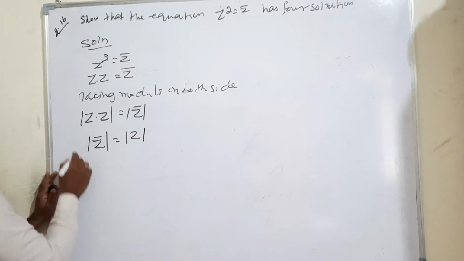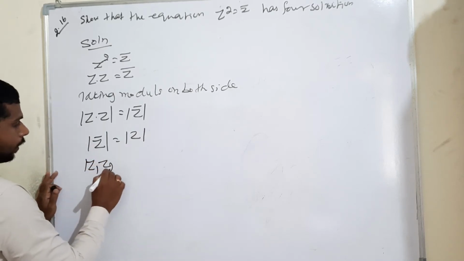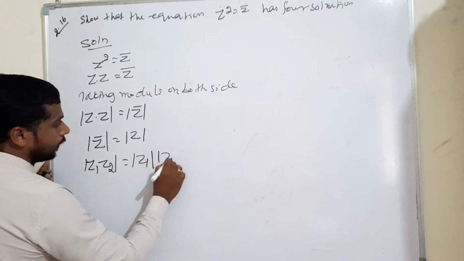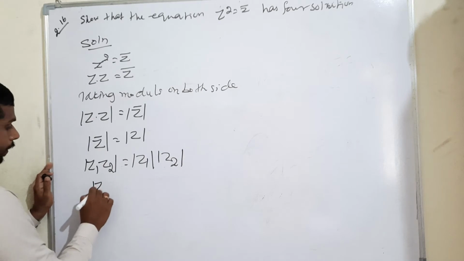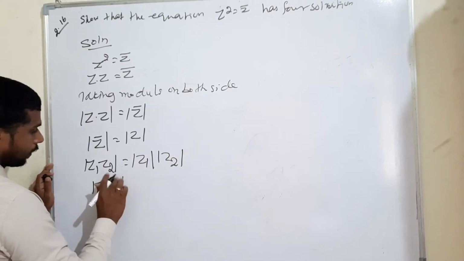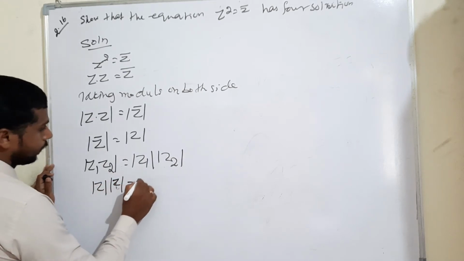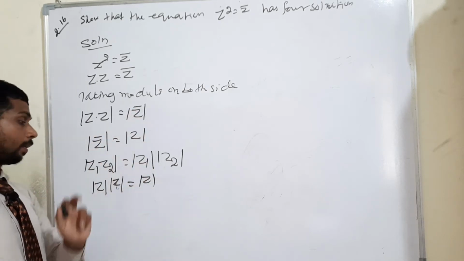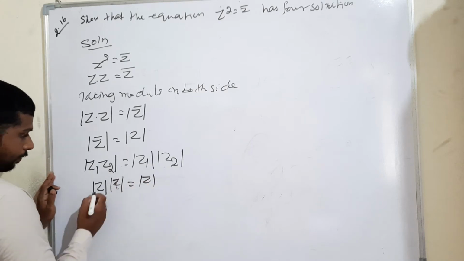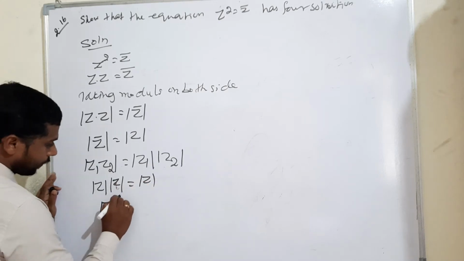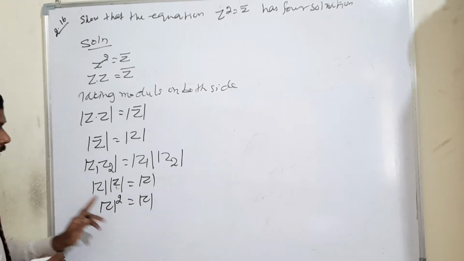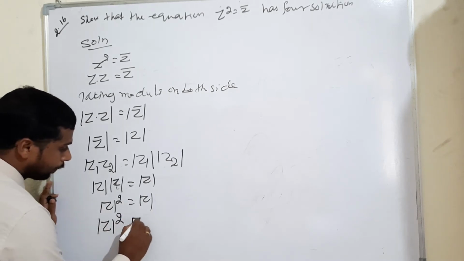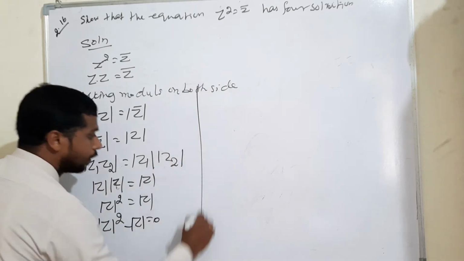Then another one, modulus of Z1, modulus of Z2, the whole modulus means separate modulus, isn't it? So how to split it? Modulus of Z, again modulus of Z is equal to modulus of Z, because Z bar we can write now without bar. Then modulus of Z into modulus of Z means modulus of Z square is equal to modulus of Z. Therefore, modulus of Z square, modulus of Z bring out opposite side, means modulus of Z square minus modulus of Z is equal to 0.